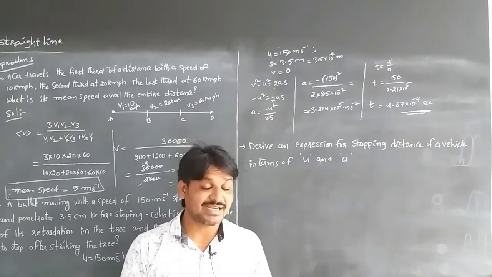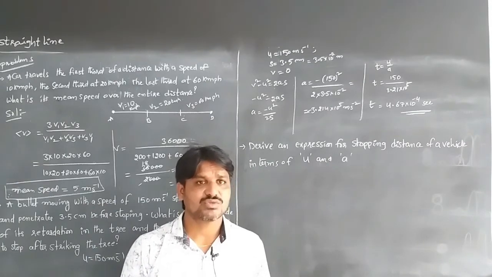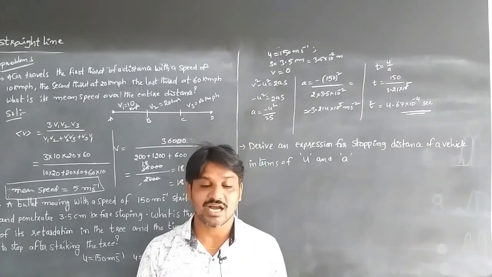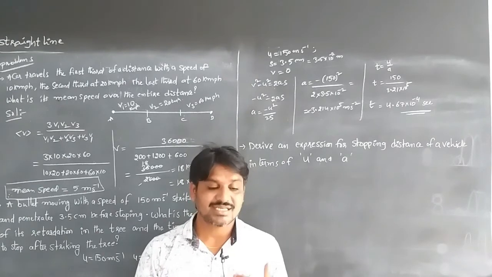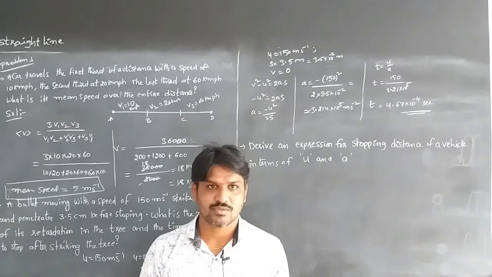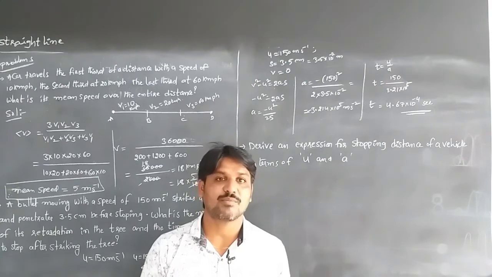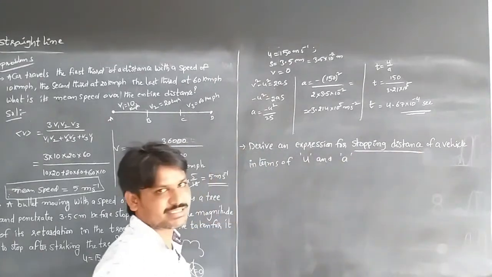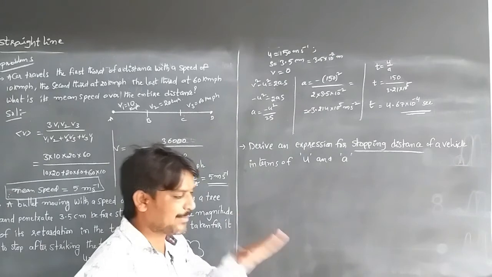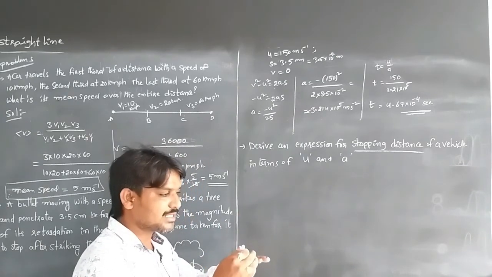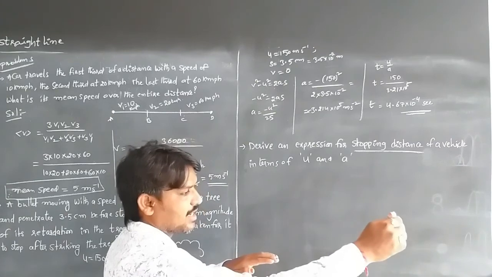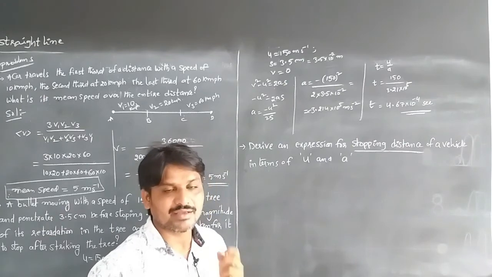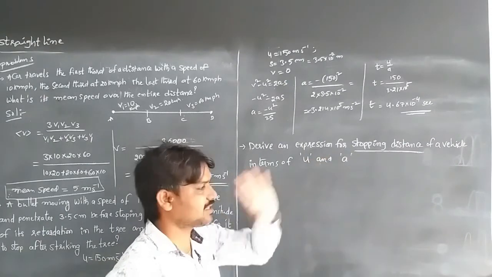The distance travelled by a body after applying the brake, before it stops, is called the stopping distance. So the distance travelled by a body after applying the brake is called stopping distance.